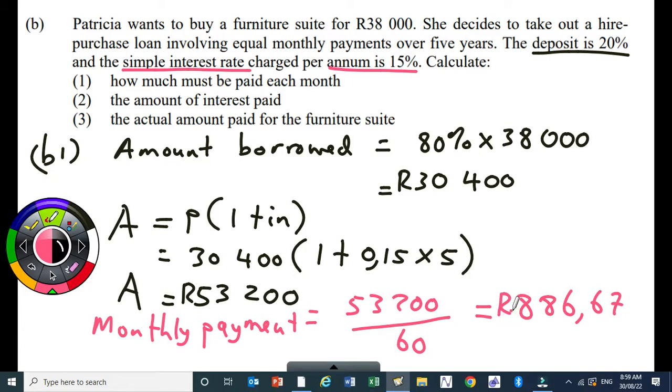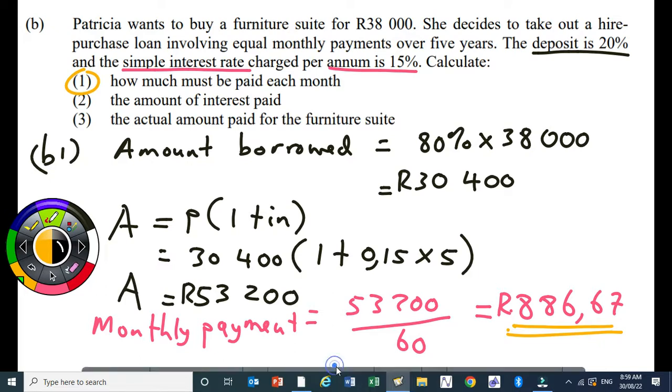So every month, this person has to make sure that in her bank account she has 886 rand and 67 cents. Okay, so that's number one. I'm sure you can see that it's quite long and involves quite a lot of aspects, so a question like this may be 5 or 6 marks.